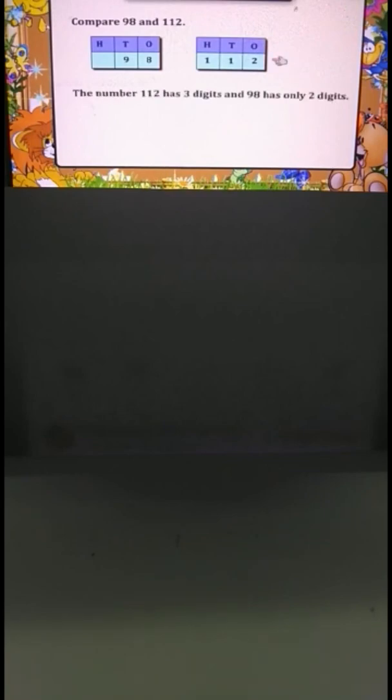Let us take an example and compare 98 and 112. The number 112 has 3 digits and 98 has only 2 digits.